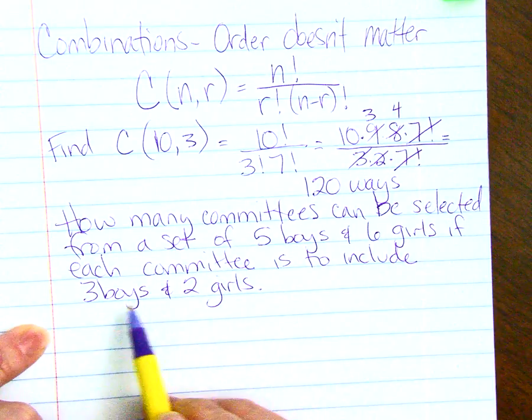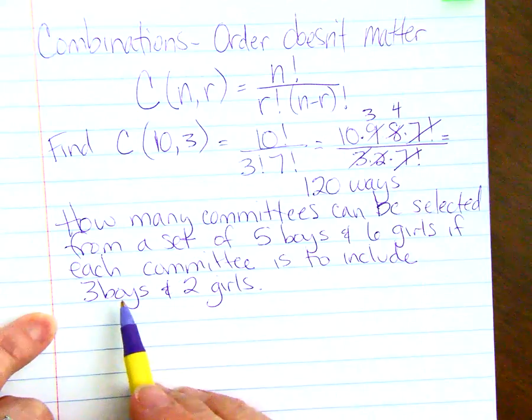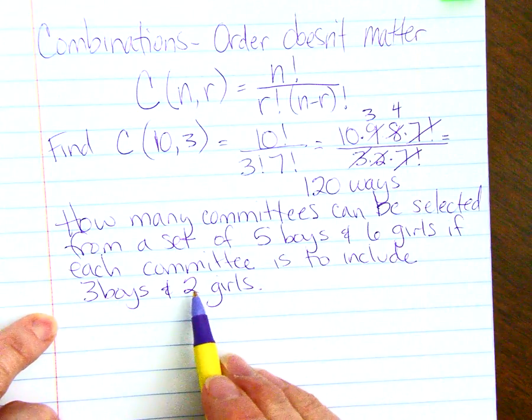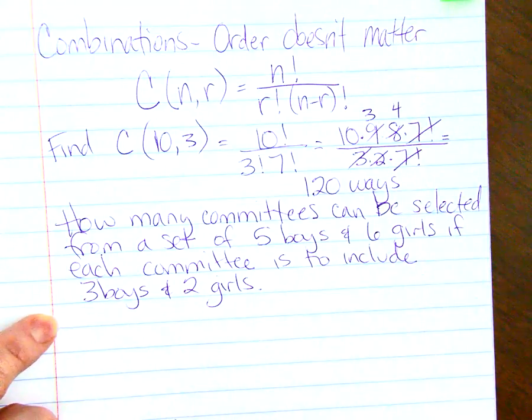So we have to find the number of ways to choose 3 boys out of 5, times the number of ways to choose 2 girls out of 6.